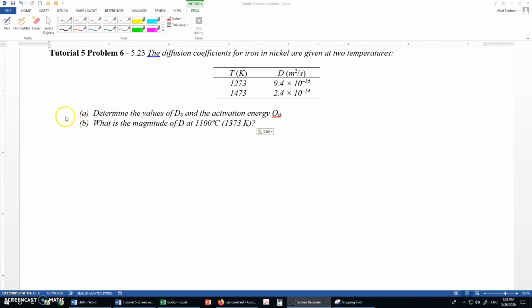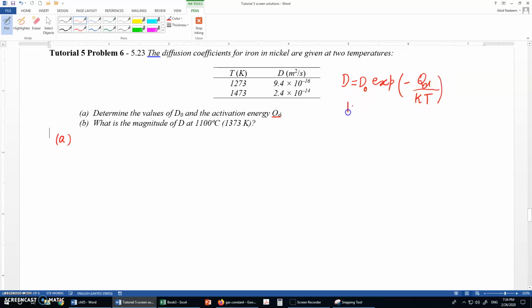So for part A, we can go ahead by applying this equation. The equation we can apply is D, which is the diffusion coefficient, is equal to D naught, the diffusion pre-exponent, times exponent of minus QD, the activation energy, divided by K, which is the gas constant, multiplied by the absolute temperature.